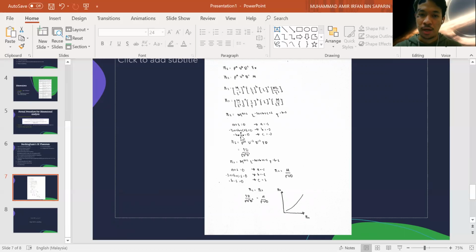So we put back the values that we get into this: density to the power of -1, velocity to the power of -2, diameter to the power of -2 times F_D. So we rearrange this, and we get F_D over density times v squared d squared.